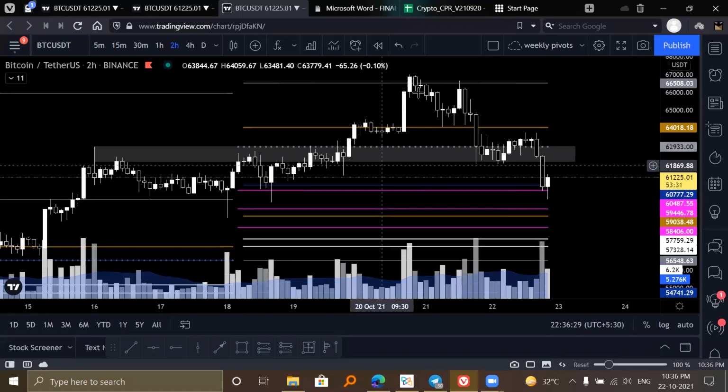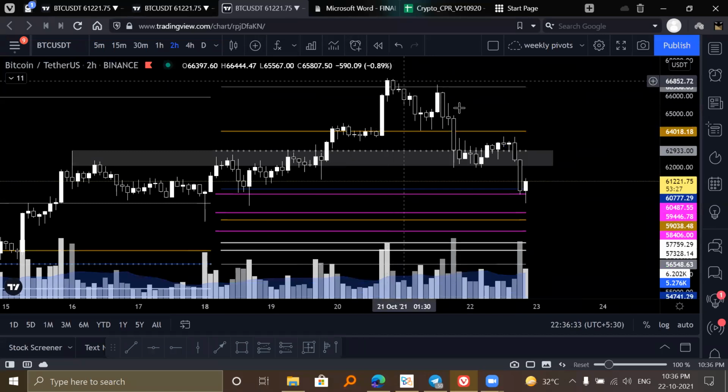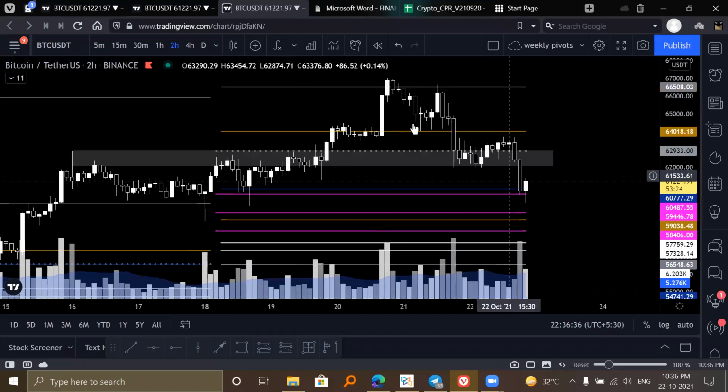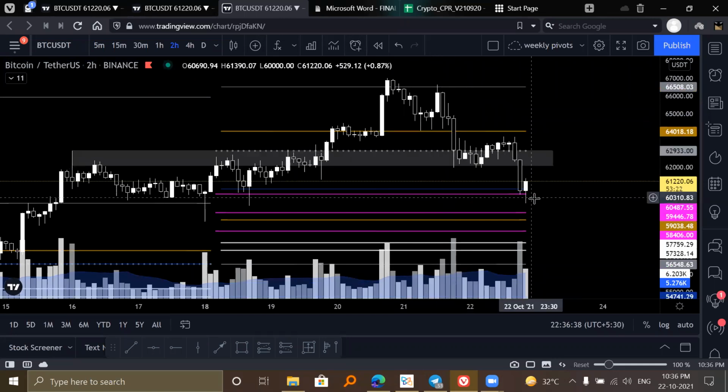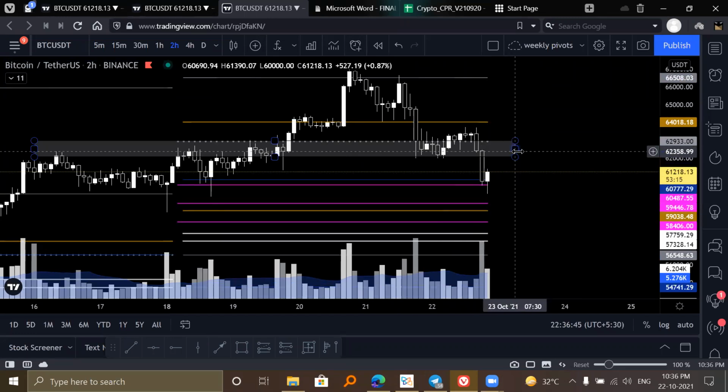And now price found a lower low. You can see the lower high, lower high, and lower low, lower low. Whenever price touches, we have to see if price goes up to this supply zone or not.